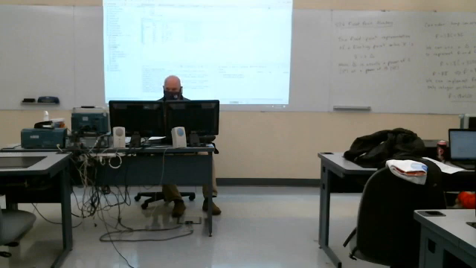Notice anything else strange about this assembly? About the registers? What registers is it using? Yeah, it's got a bunch of A registers, right? I never talked about this processor having any A registers.